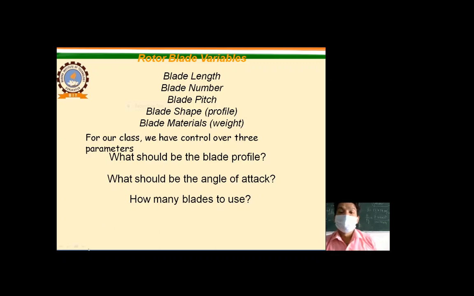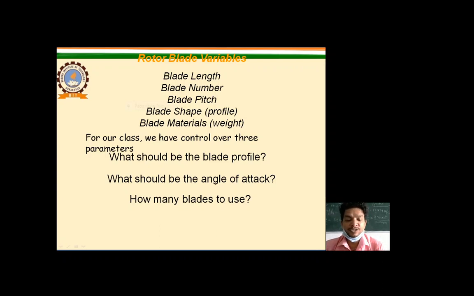The first question is what should be the blade profile? It means the final result would be dependent on the blade profile. The blade profile decides the efficiency of a particular type of wind turbine.